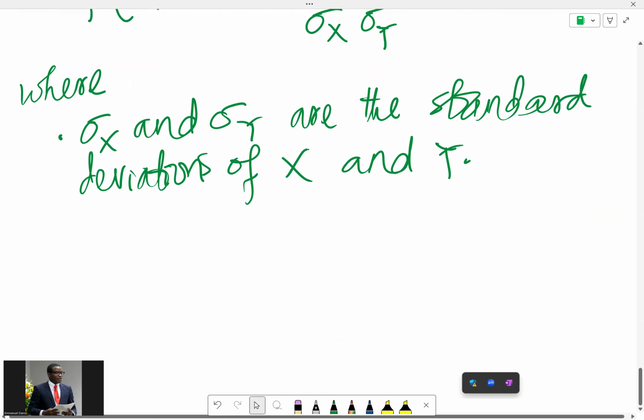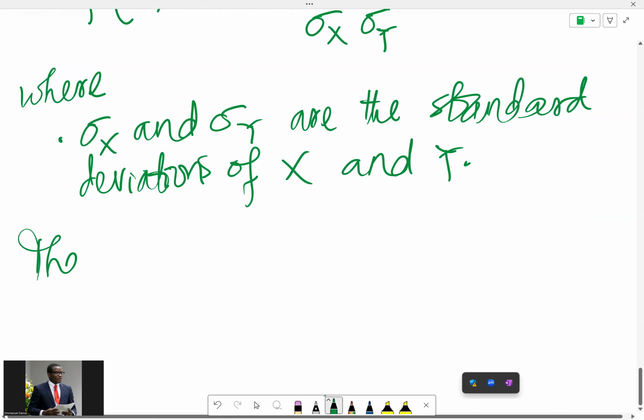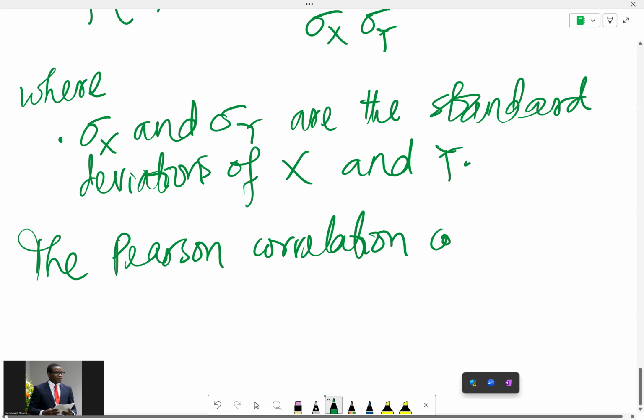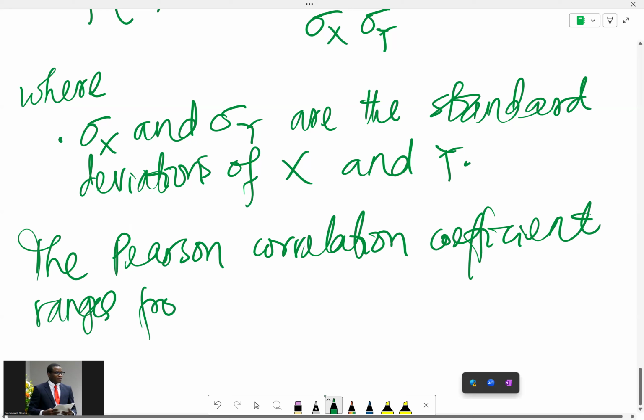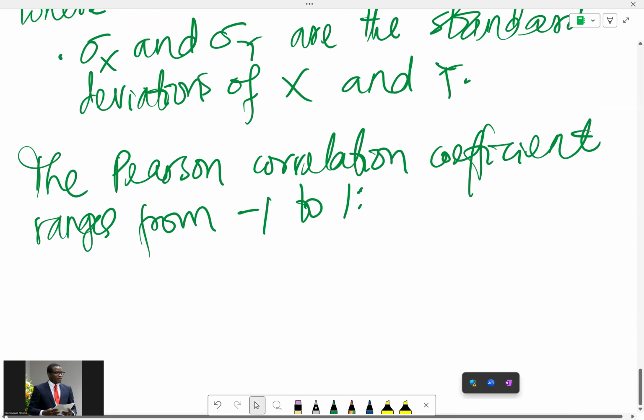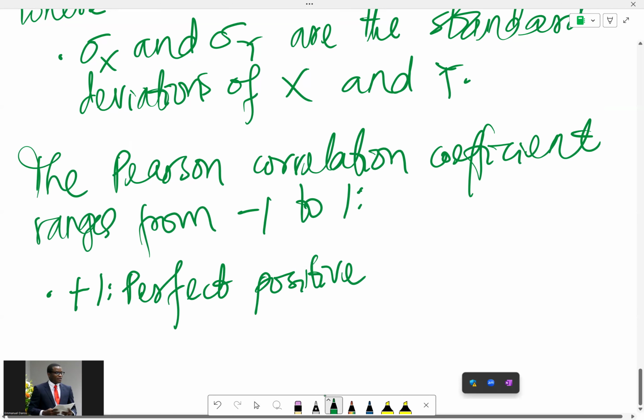Okay, so then the Pearson correlation coefficient ranges from -1 to 1, such that if you have +1, that is perfect positive linear relationship.